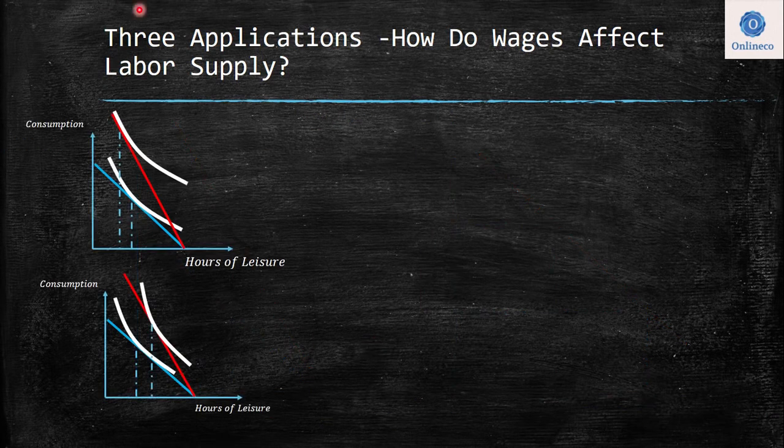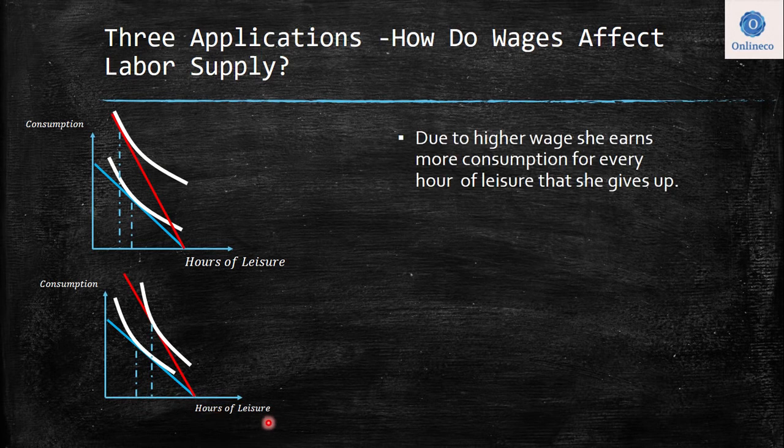Here both situations are summarized. What is the difference? The wage increases obviously, but this person will work more naturally. This implies less hours of leisure, and the other one will work less. Then this person will have more hours of leisure.